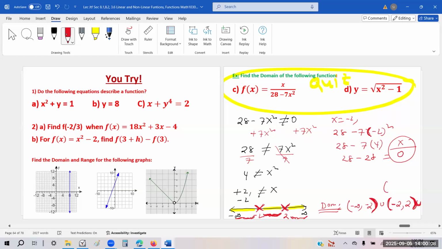What's the last piece? 2 to what? Infinity. And again, you cannot use 2. So there are 3 pieces because we have 2 numbers that you cannot use. Any questions? Okay.